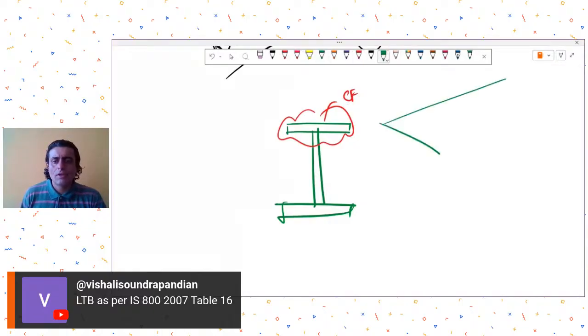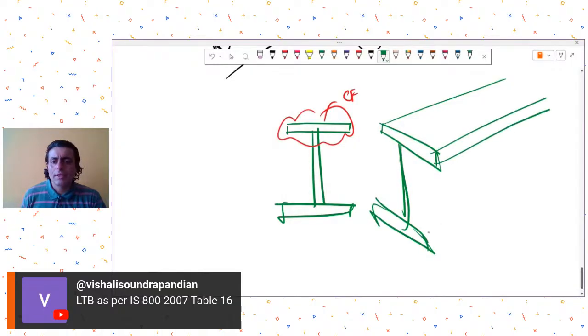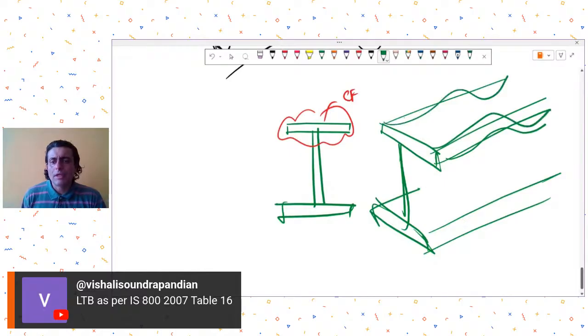When this compression flange tries to buckle along the length, because of buckling of only the compression flange, it undergoes buckling. Now because of this buckling, what happens is that this portion has buckled, but this portion elongates, the tension flange elongates.